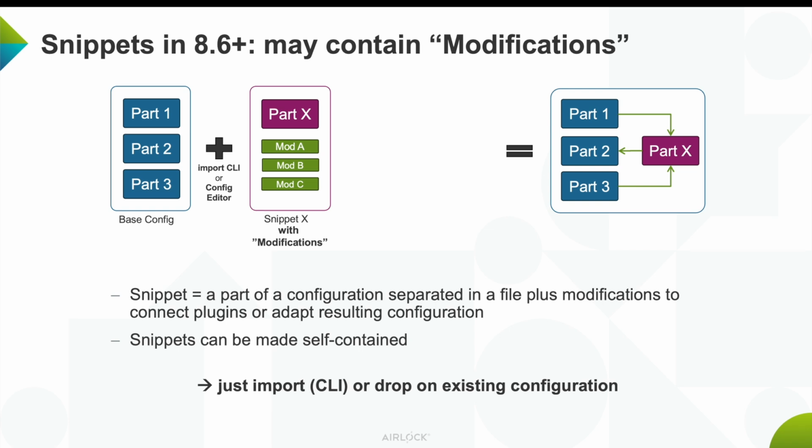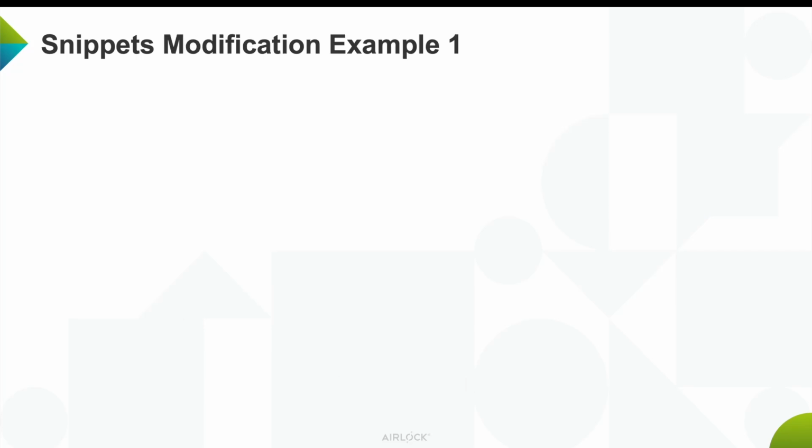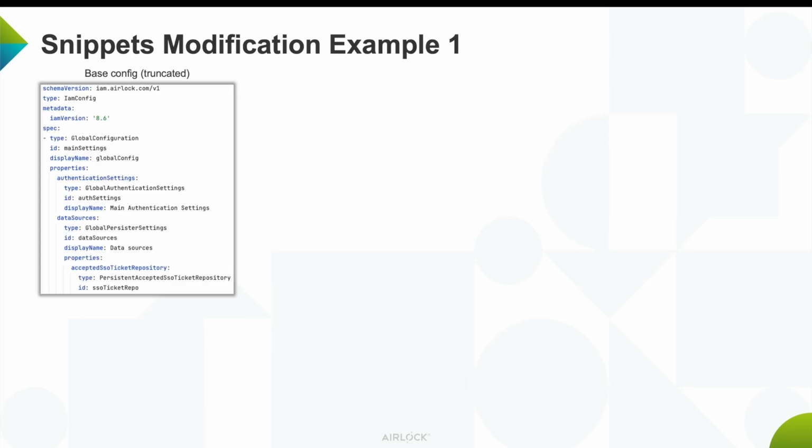As a side note, the config editor also supports dragging and dropping a snippet directly onto the plugin tree. With snippets that include modifications and a well-designed set of snippets, this provides an efficient way to compose IAM configurations with minimal manual interaction. Let's look at a simple example.